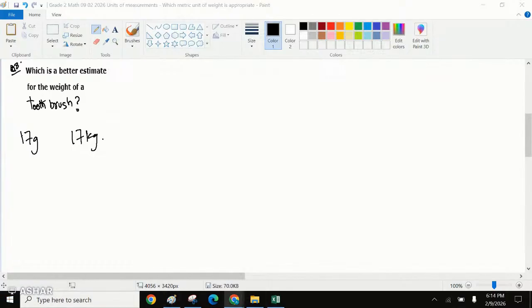You need to remember the use. 17 kilograms would be way heavier than your bicycle, right? So you cannot use a toothbrush which weighs heavier than your bicycle just to brush your teeth, right? So it has to be the lighter weight.